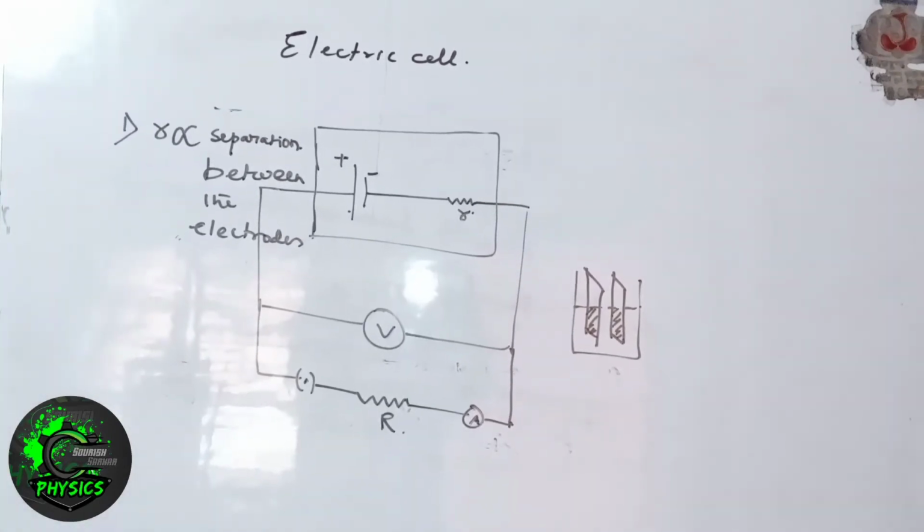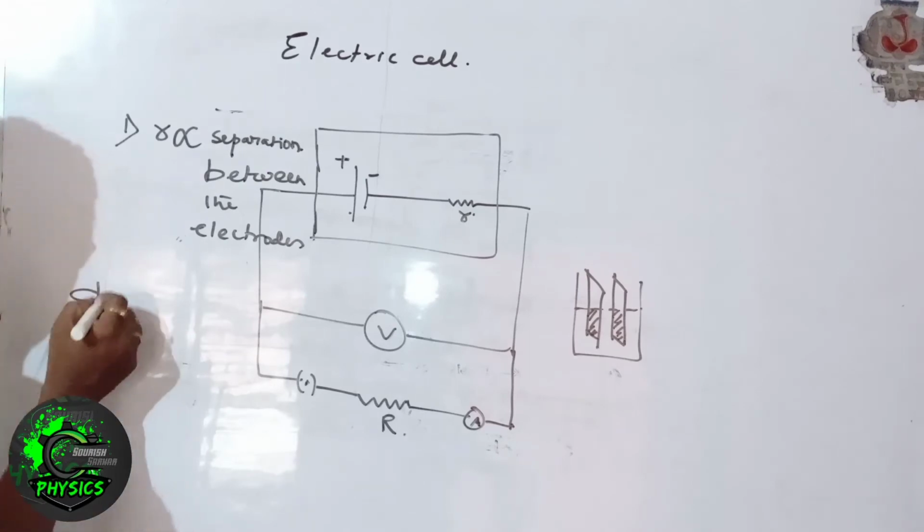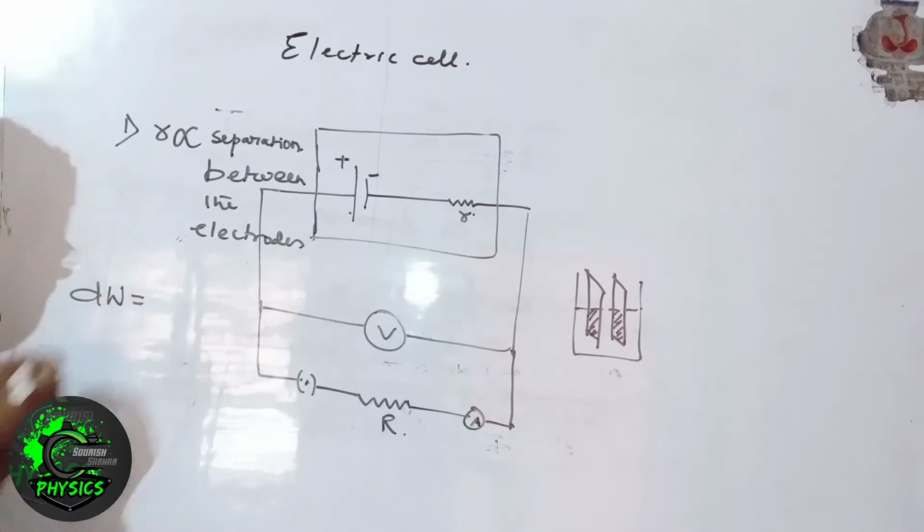If the cell supplies the energy, the total energy dW is divided into two parts.